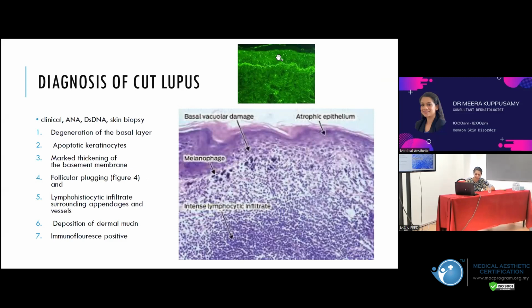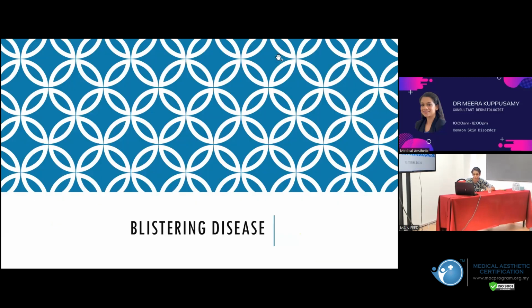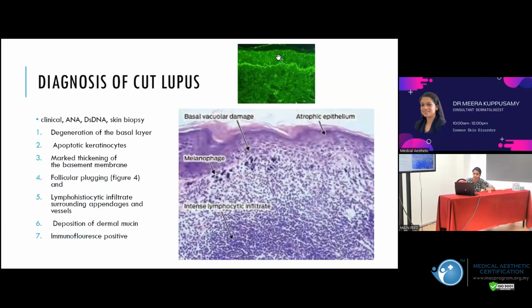So when a pathologist sees this, they can diagnose it very easily from the biopsy. Because sometimes, as I told you, the blood test might be negative. ANA is usually positive, but dsDNA and other things may be negative, while the skin biopsy is indicative of cutaneous lupus.